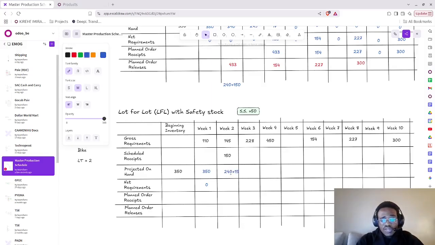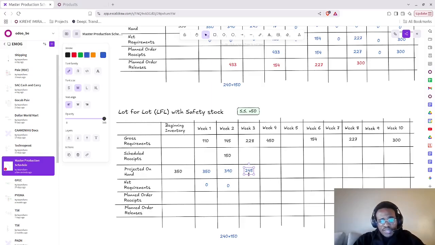I end up with 240 carried forward from week 1, and I'm receiving 150 in week 2, so I have a total of 390 bicycles in week 2. That's what I have on hand, but I have a demand for 145. If I supply 145, I'm left with 245. That tells me that my net requirement is 0, so I carry forward 245 bikes.